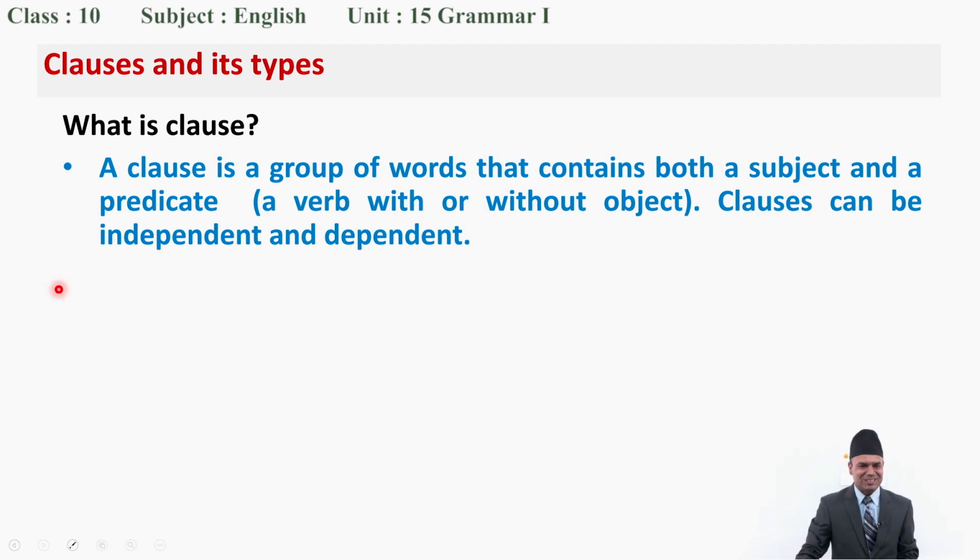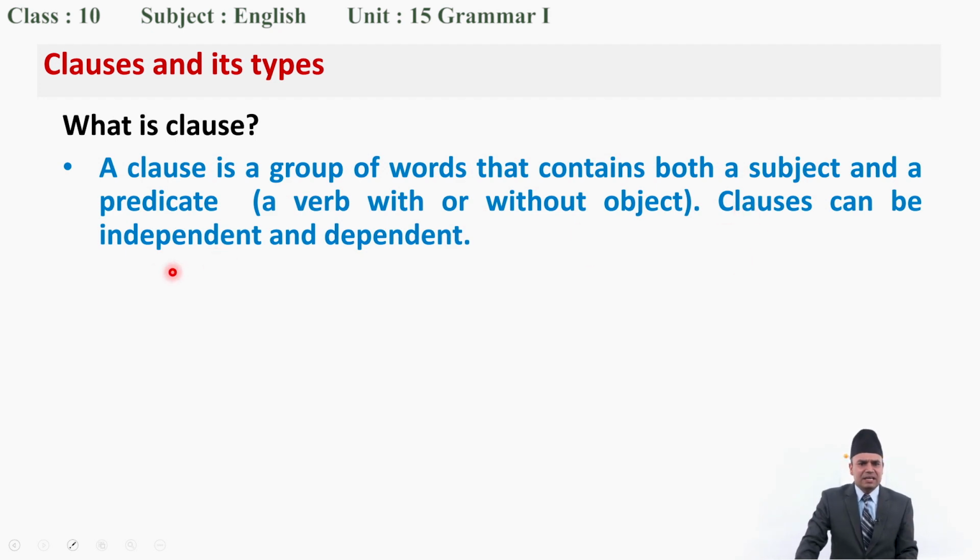A clause is a group of words that contains both a subject and a predicate. Predicate, is it new for you? No, it's not new. A predicate is a verb with or without an object. Sometimes it is only a verb, and sometimes a verb and object.